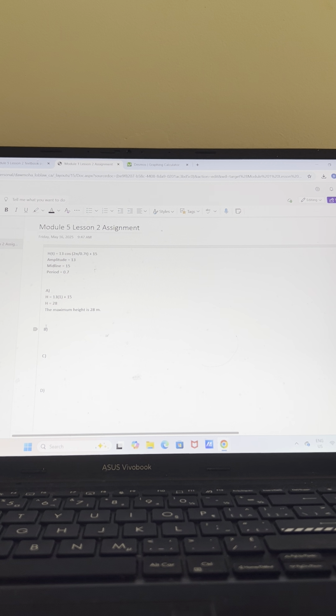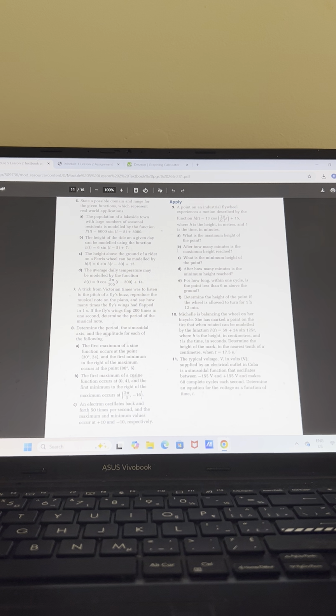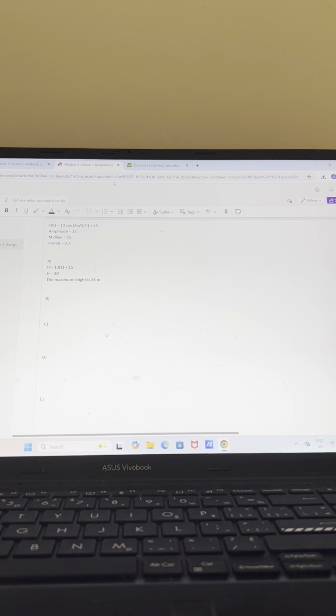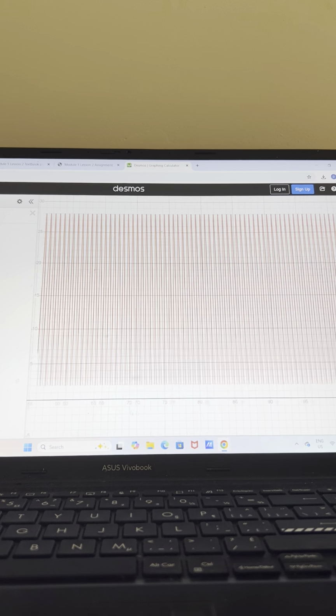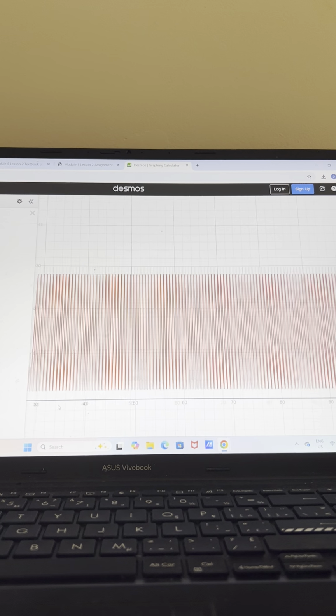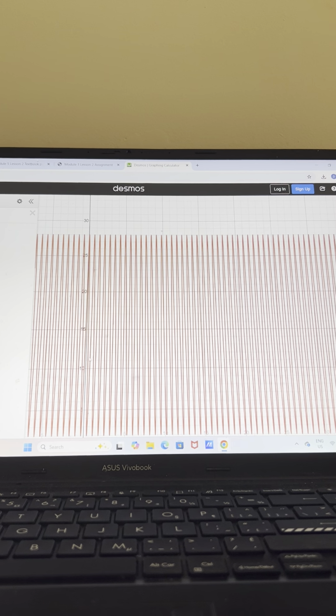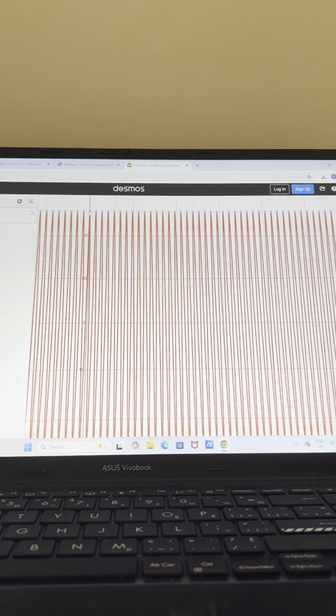Moving on to B, after how many minutes is the maximum height reached? We'll just go to the first one right here. The maximum height is first achieved at 0 minutes, so t is going to be equal to 0.